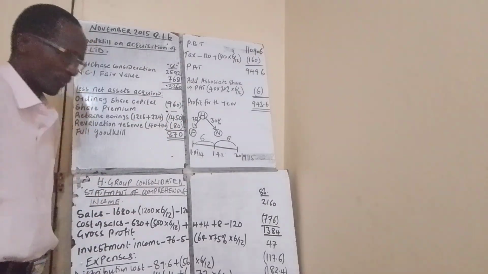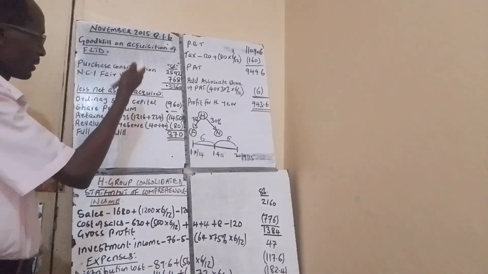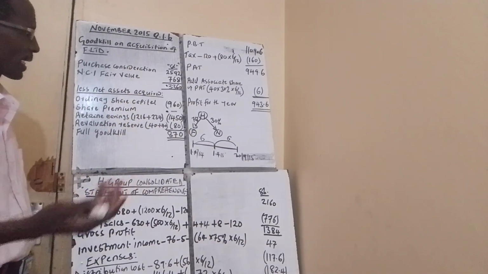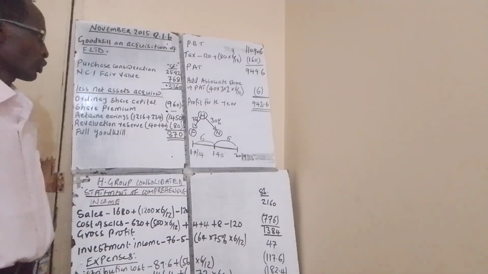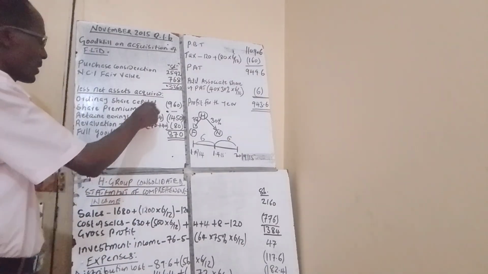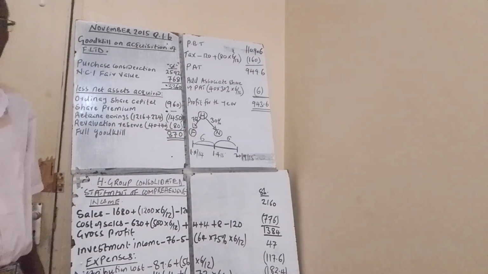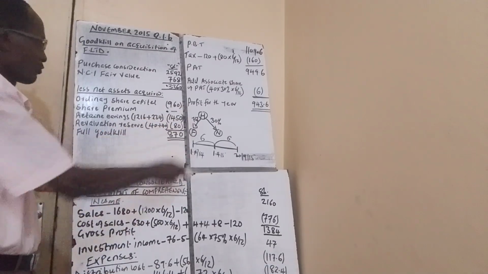So half of the 468 is 234. So the profit is at the date of acquisition. We are taking the opening balance plus that profit which was meant for those 6 months, which is 1450.